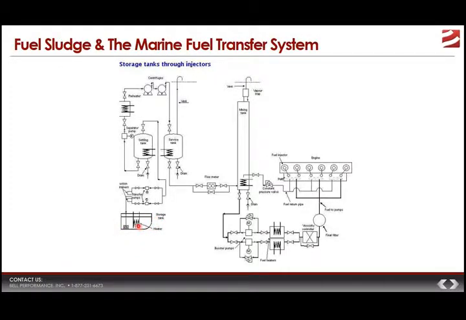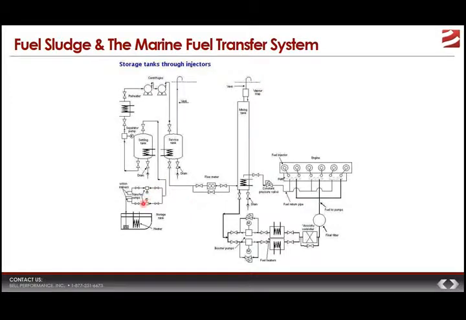The storage tank has a heater, obviously, and then the fuel gets transferred into all of these different areas. And so we can see all sorts of different components that it can get caught in, it can build up in, it can start to affect the performance of that specific area.